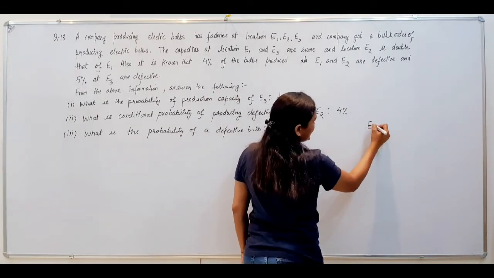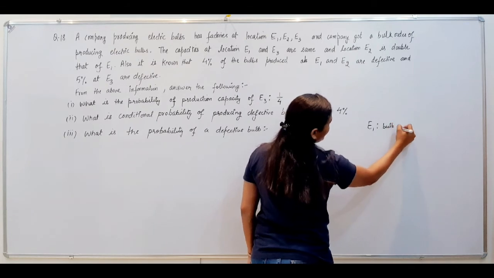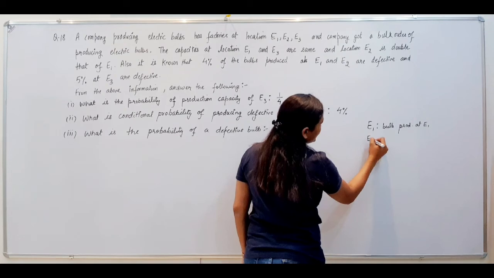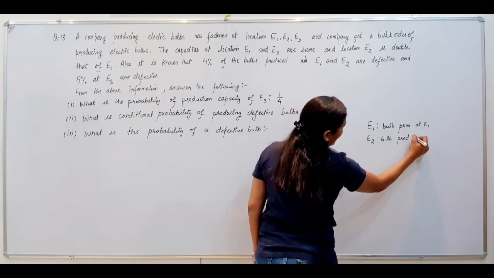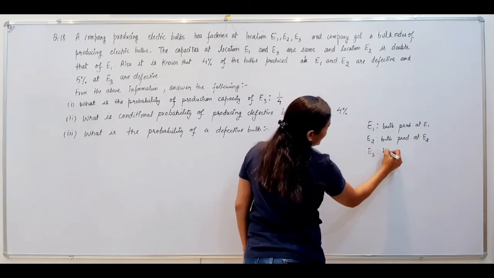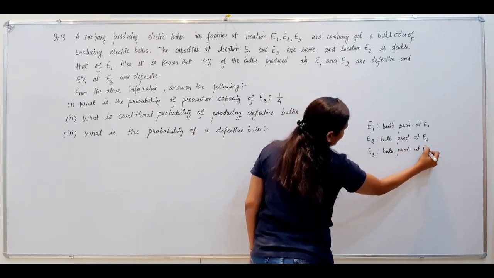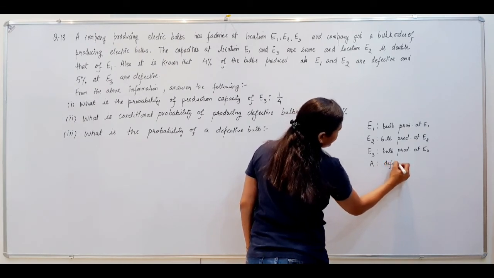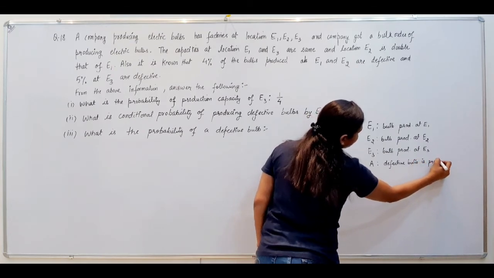Let us take E1 as the event bulb produced at E1, E2 is bulb produced at E2, E3 is bulb produced at E3, and your final event A is defective bulb is produced.